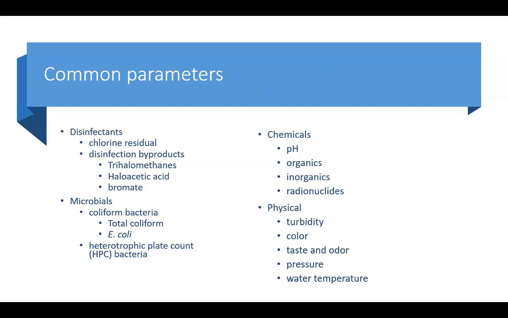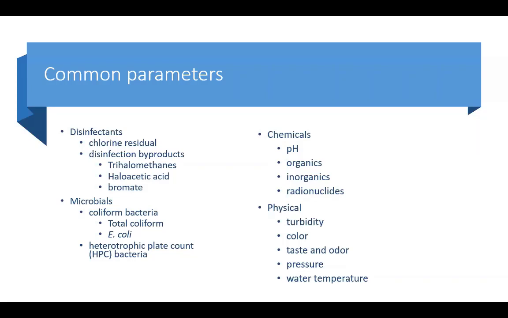For the most part, the organics, inorganics, and radionuclides are monitored at the plant, not out in the distribution system. And then we monitor for turbidity, color, taste, and odor. Again, most of this is done at the plant rather than out in the distribution system. We monitor pressure in the distribution system.